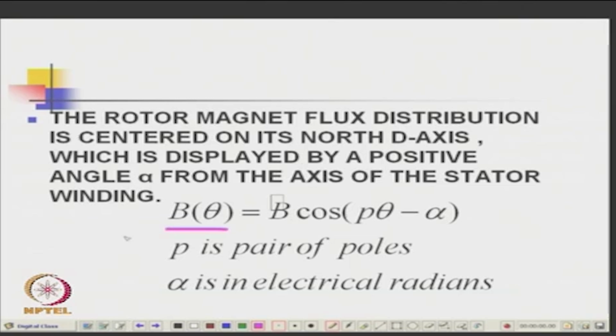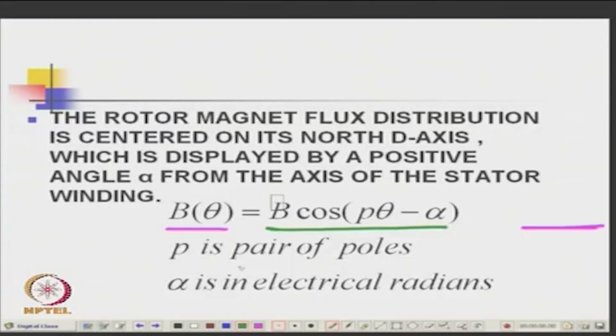And the B produced by the magnet is varying with theta as cos(p theta minus alpha). When it is at the d axis, it will have a maximum B. At any other position, as you vary, it will be sinusoidal, where p is the pair of poles and alpha is in electrical radians from the axis.